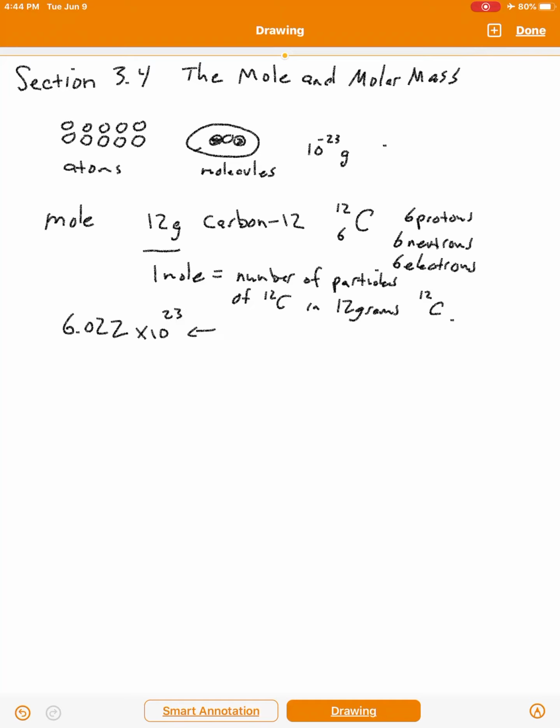That's the number of carbon 12 atoms in 12 grams of carbon 12. Okay? So that's one way to define it. That's called Avogadro's number.